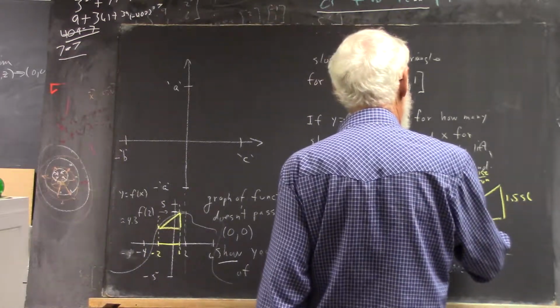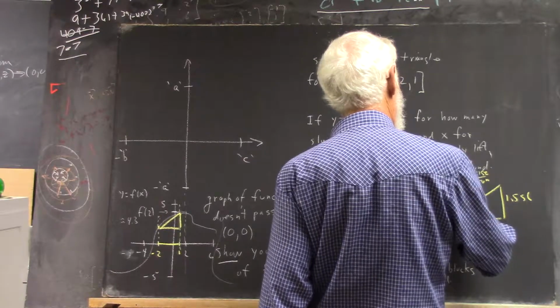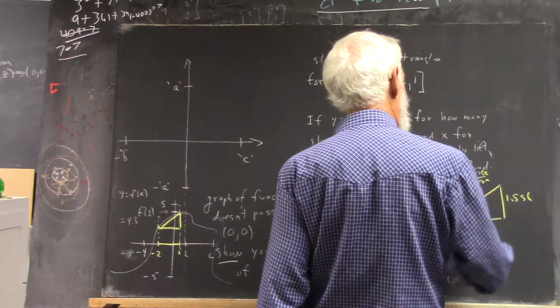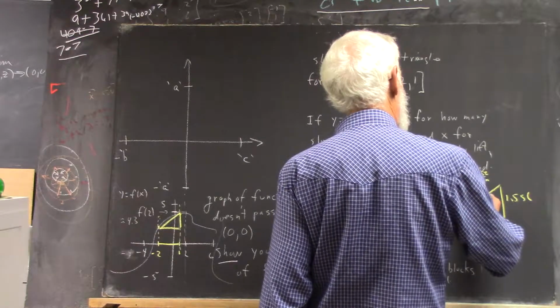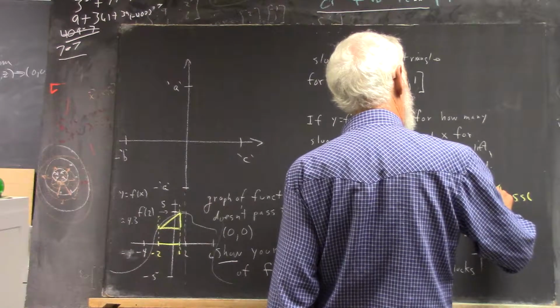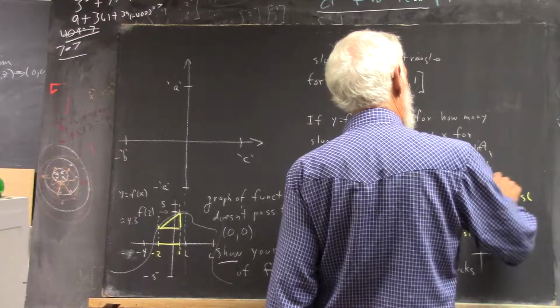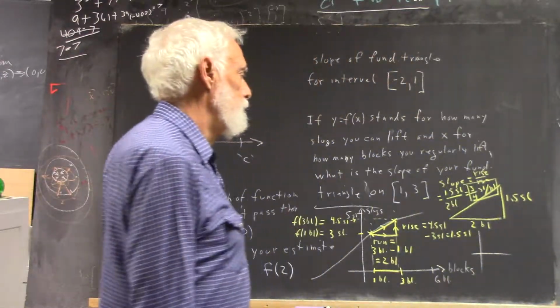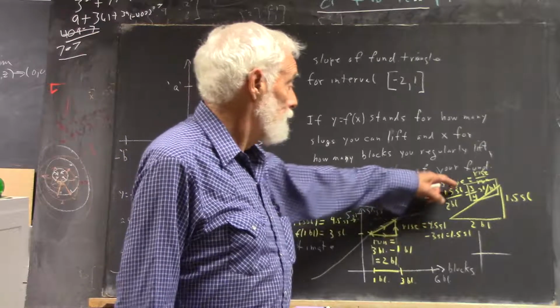And that equals 1.5 slugs over 2 blocks equals 3/4 slugs over blocks, because I'm dividing slugs by blocks.